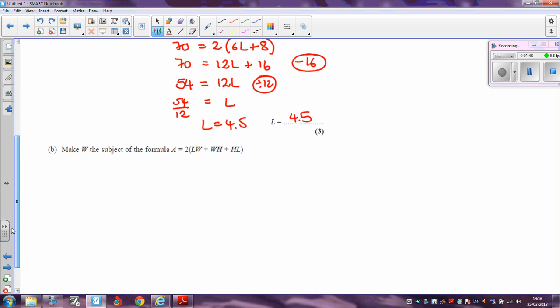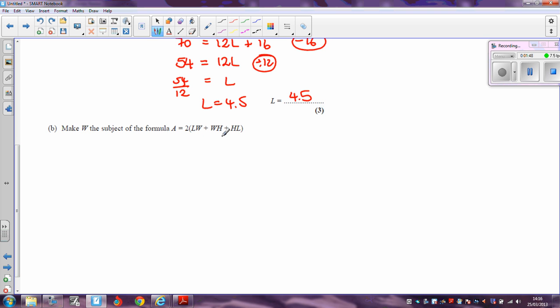Okay, second part here is more algebraic, and it says make W the subject of this equation. So first thing I'm going to do is I'm going to remove the brackets again. So A is going to equal 2LW plus 2WH plus 2HL. And I realise now that to make W the subject is going to be a bit tricky because I've got W twice here.